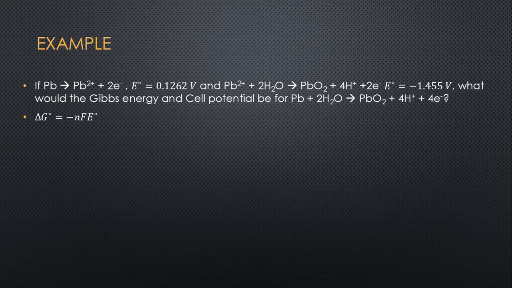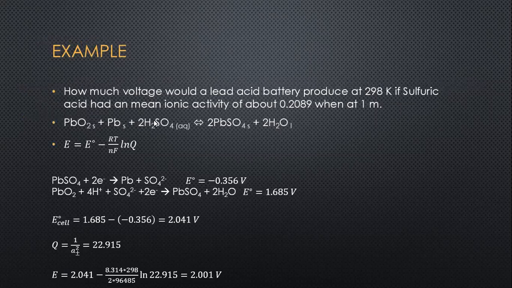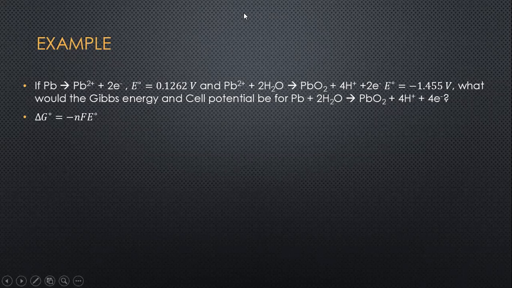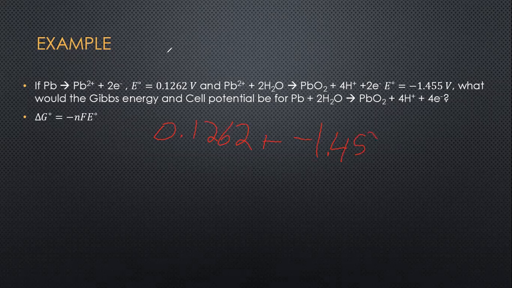If you add them together, you can't just say that. We cannot just go, well, the cell potential should be 0.1262 plus negative 1.455. We cannot just add those together. What we have to do is find the delta G of each of those.